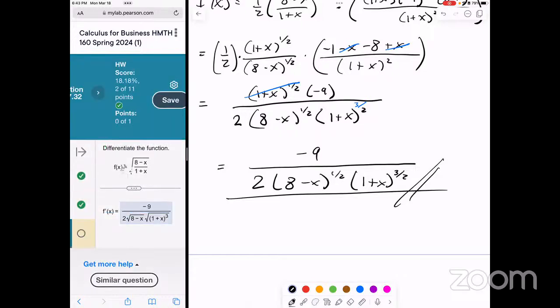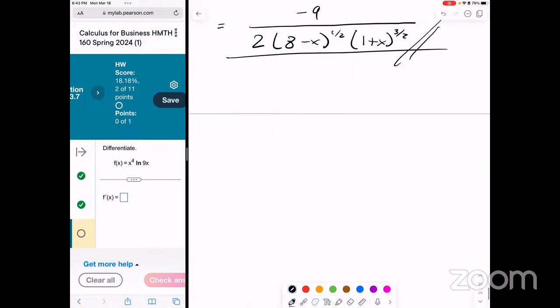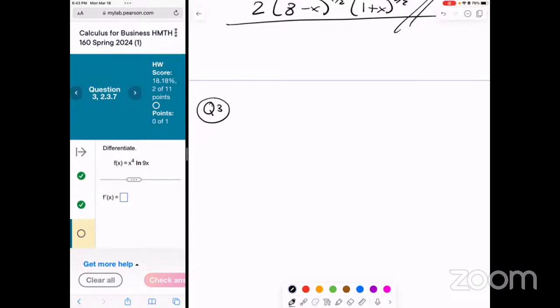Okay, let's give this one a go. So I think this is question 3. This comes from section 2.3, question 7.